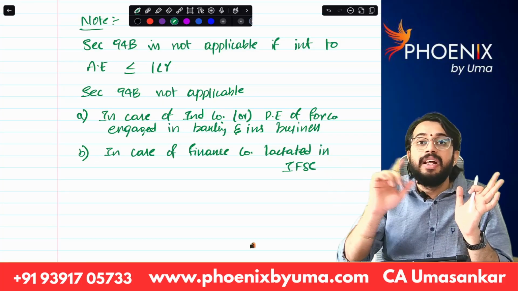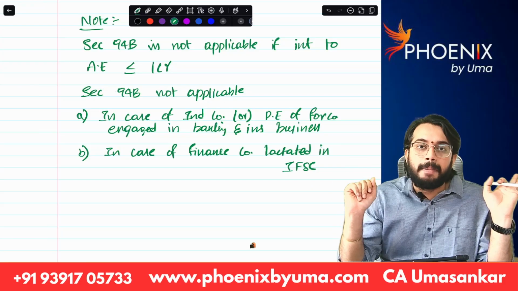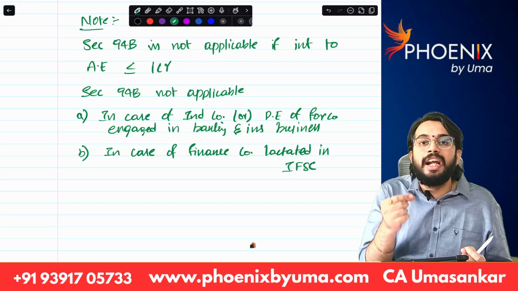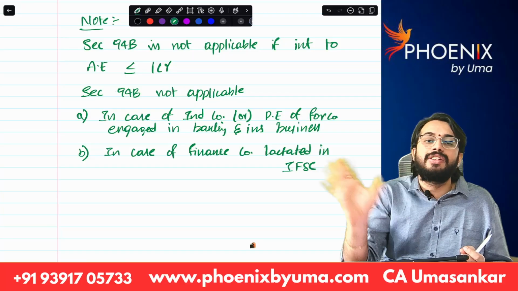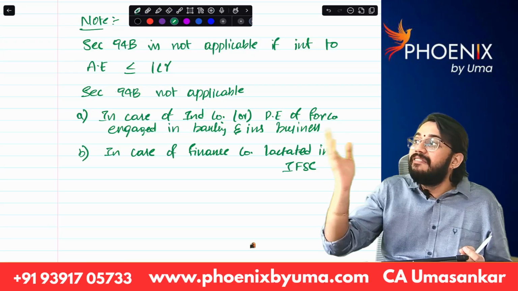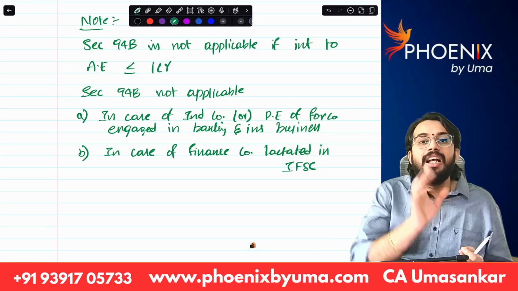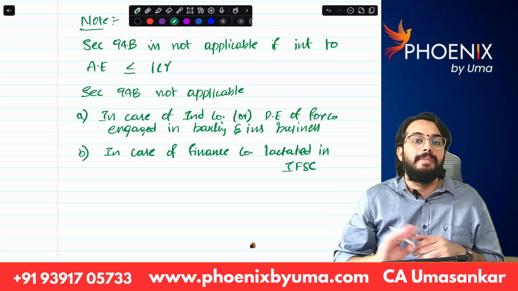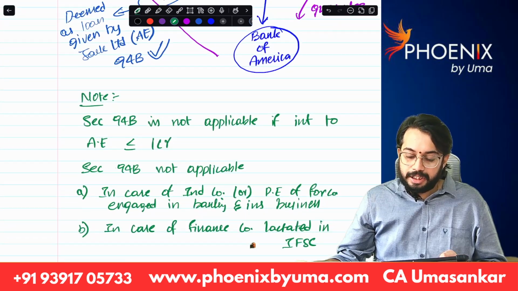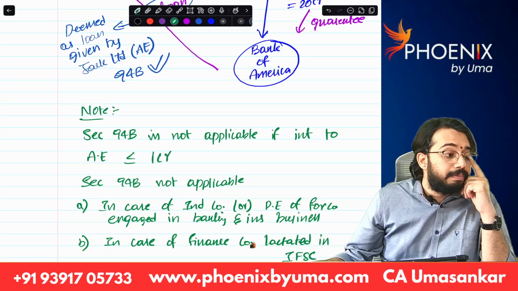Actual interest paid or 30% of EBITDA, whichever is lower, that concept is not applicable. So whenever any loan is taken by any company that is located in IFSC, in such case also 94B is not applicable. When you take loan from associated enterprise, where associated enterprise is engaged in banking business or insurance business, then also 94B is not applicable. Are you able to understand? So that's what. Now shall we do one problem for better clarity?